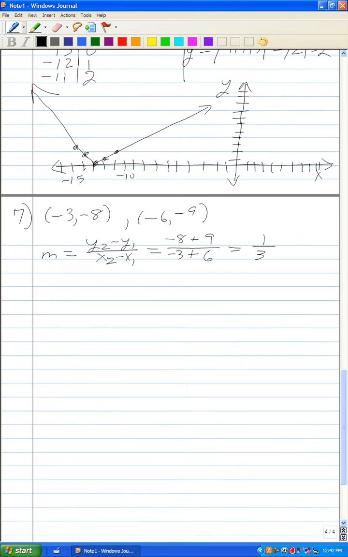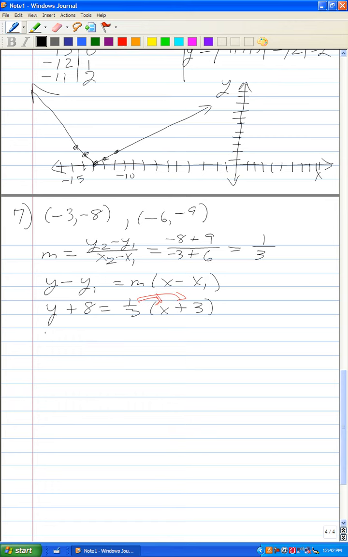And so let's write the equation of your line. Well, I have a point and a slope. So I have y minus negative 8 plus 8 equals 1/3 x minus a negative 3 plus 3. Let me multiply, well, in functional notation, let me multiply the 1/3 inside the parentheses.